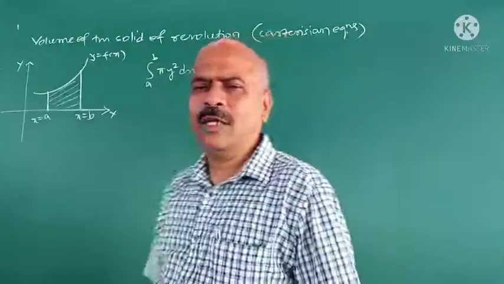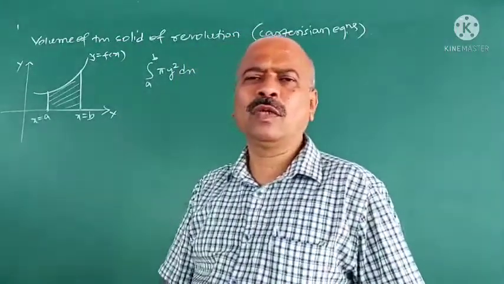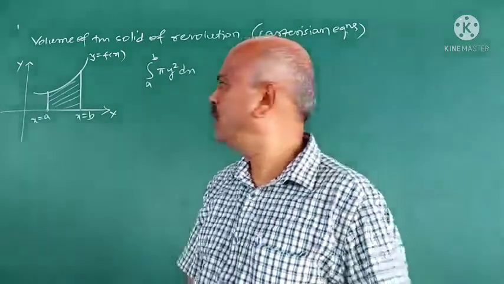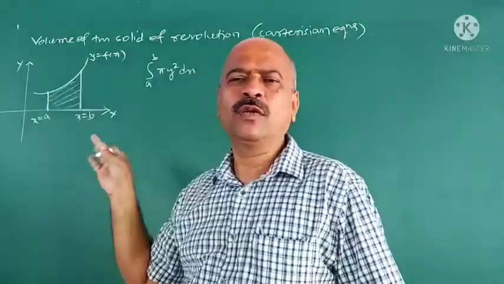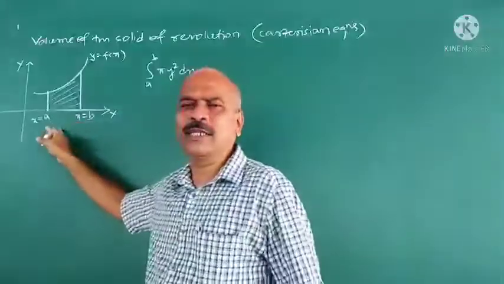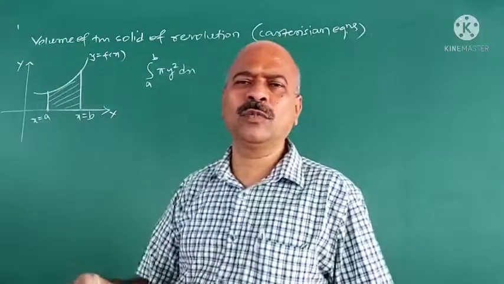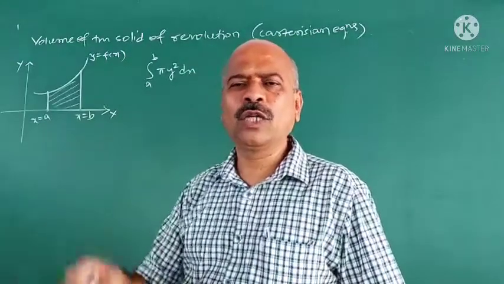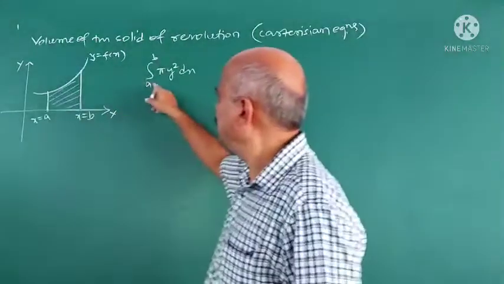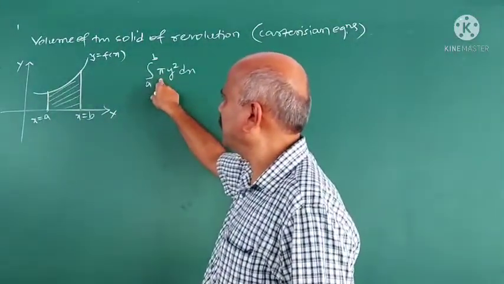I wanted to explain the proof of this, but the questions are MCQ, and more important, because of this MCQ we have to discuss that type of question also. I leave this as an exercise. I give the detail in the notes. You go through that one, and the derivation is simple. It is integral a to b pi y square dx.